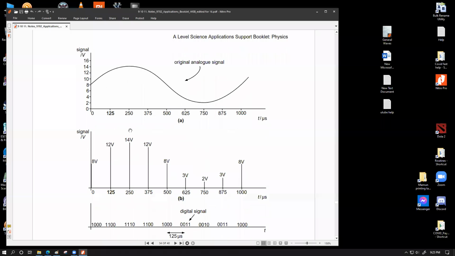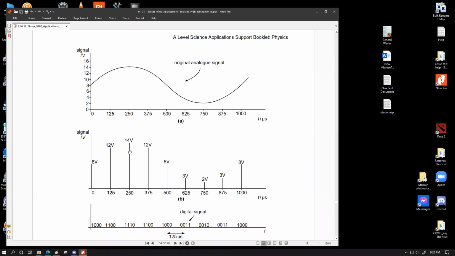So what is happening over here? We are currently observing the value of this voltage after every 125 microsecond interval. So this is the original analog signal. This is fed into an observation device. Let's say at 0 second we observe 8 volt. At 125 microsecond, we do not observe anything in between. We allow 125 microsecond to pass by. After 125 microsecond, our device analyzes the signal again, and then it gets 12 volt.